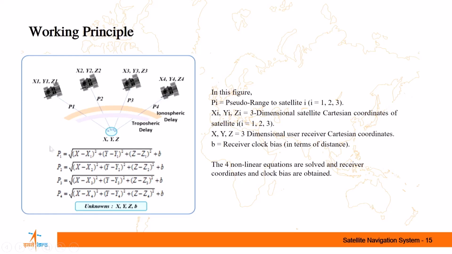In this set of four equations, we have the user position unknown, that is x, y, z, and the clock bias. So these four parameters are unknown, and thus we have made four independent equations for the solution. Now these are nonlinear equations, and they can be resolved very efficiently using computers. With four unknowns and four independent equations, we can resolve the parameters.